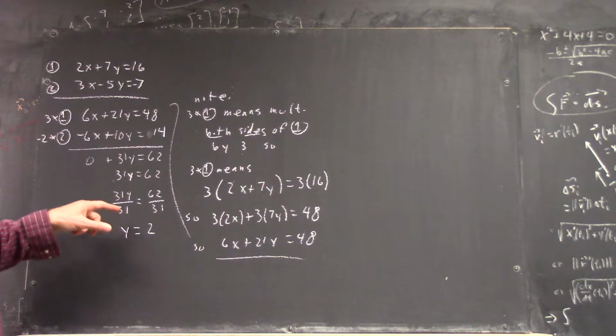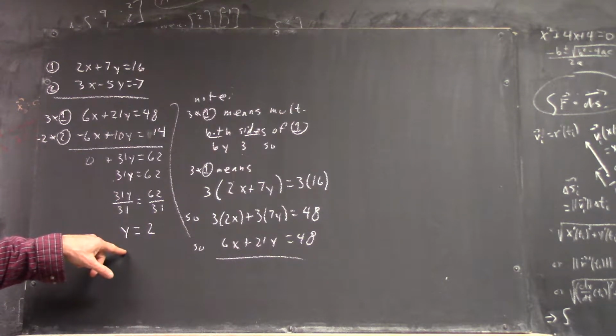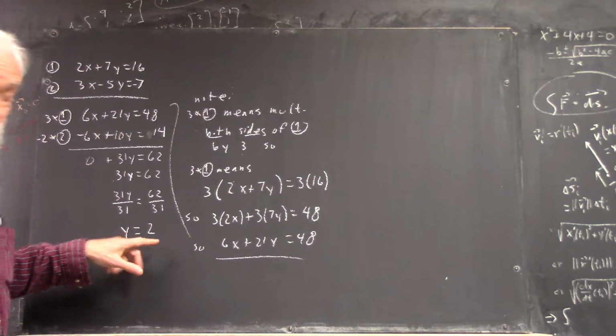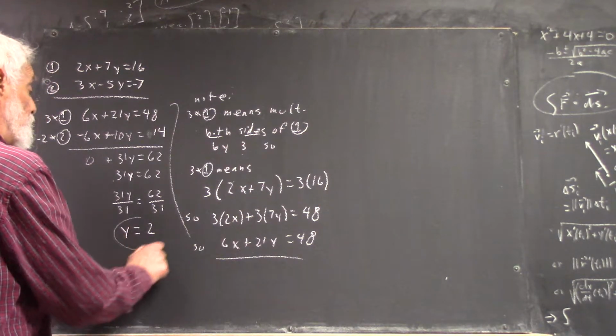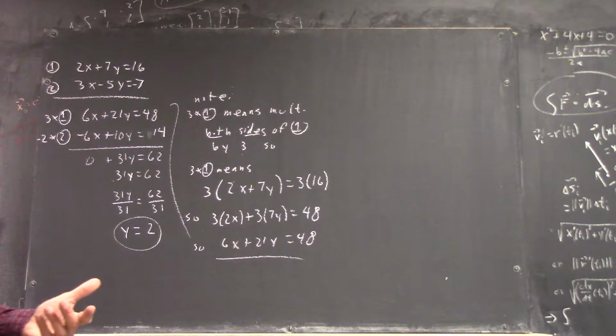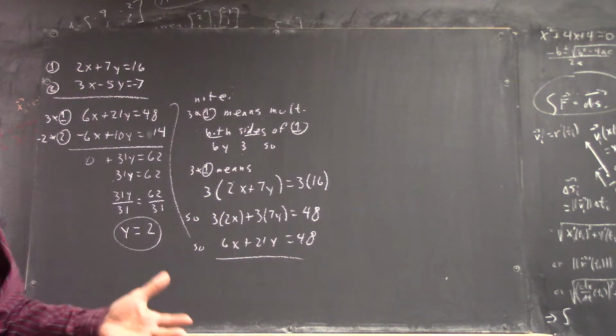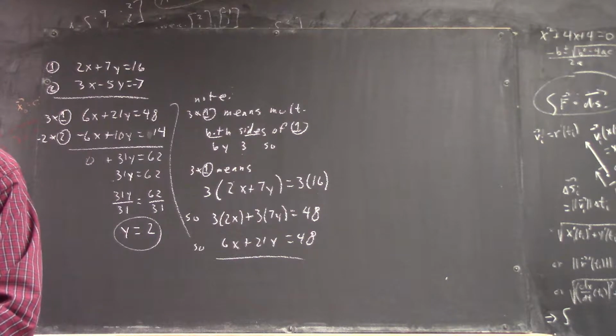Okay, so anyhow, 31y divided by 31 is y, 62 divided by 31 is 2. So now we've got y equals 2. What do we do with that? What did we do before when we had the solution for x?